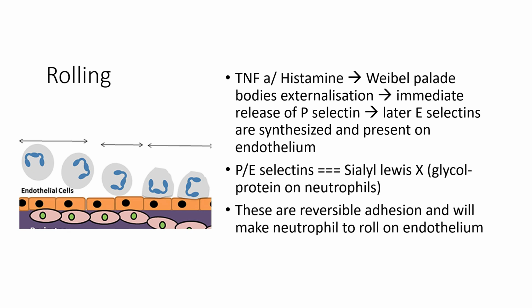As soon as infection or inflammation is there, there is synthesis of TNF alpha and histamine by different types of cells that leads to externalization of Weibel-Palade bodies which readily express P-selectins. E-selectins are synthesized later by the endothelium. The E-selectins and P-selectins form weak bonds with sialyl-Lewis X proteins. This bonding is responsible for slowing down of neutrophils and rolling over the endothelium.